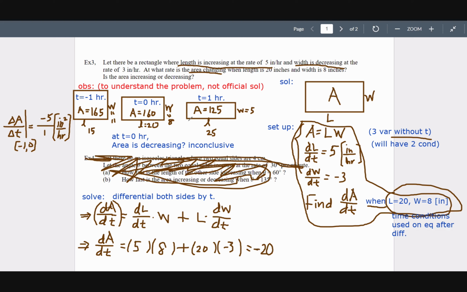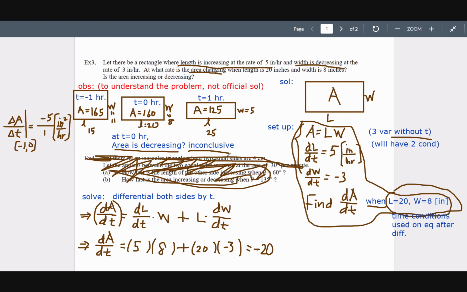And sometimes when you do these kinds of problems, we don't know whether something is increasing or decreasing. In this case, we check that t equals -1 and t equals 1, and so before and after, it looks like it is decreasing. Is it decreasing? It kind of is, but at that instant at t equals 0, we are not sure. So this is inconclusive. It may or may not be increasing.